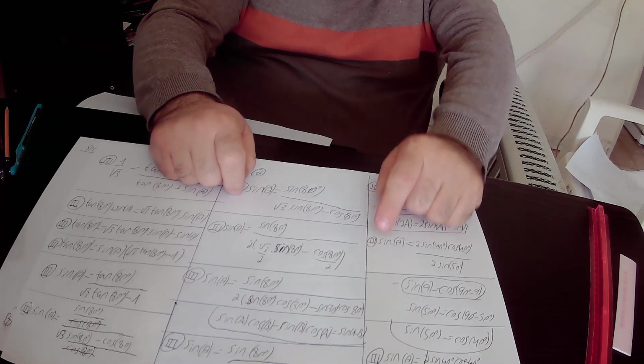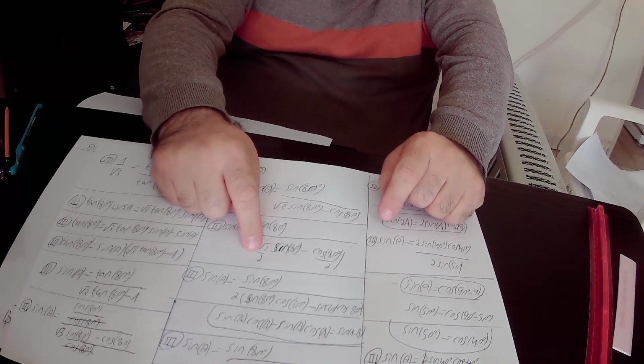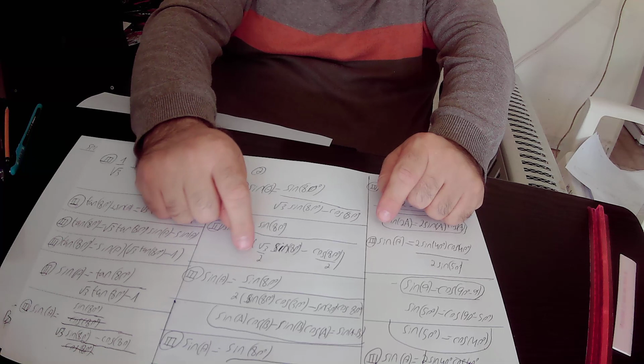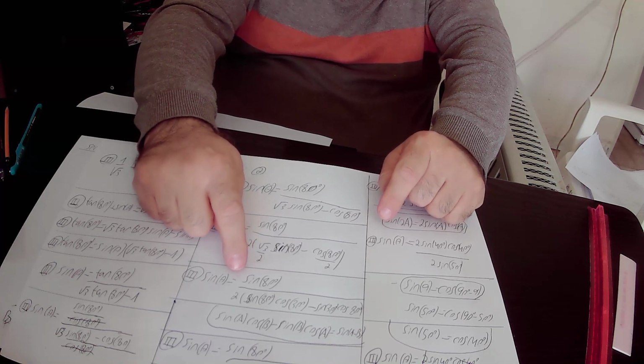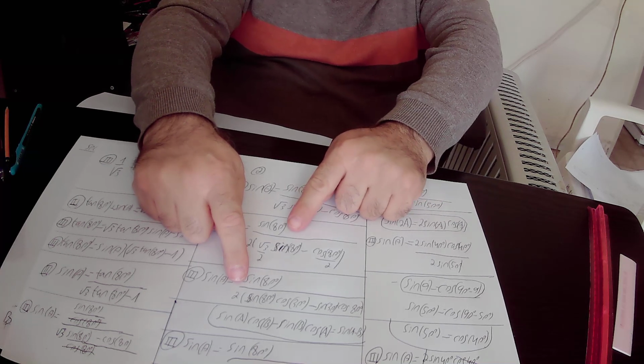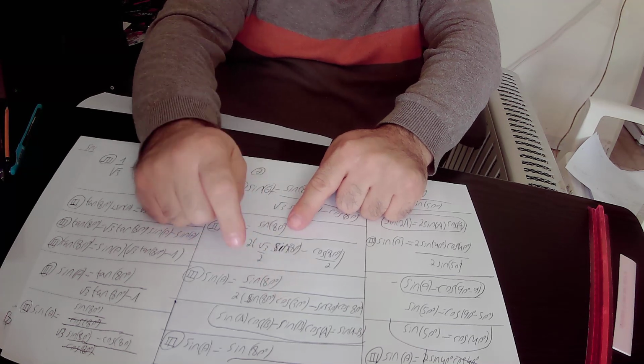Then we substituted square root of 3 over 2 by cosine 30 degrees, so in conclusion we got sine theta equals sine 80 degrees over 2 times the bracket: sine 80 degrees cosine 30 degrees.